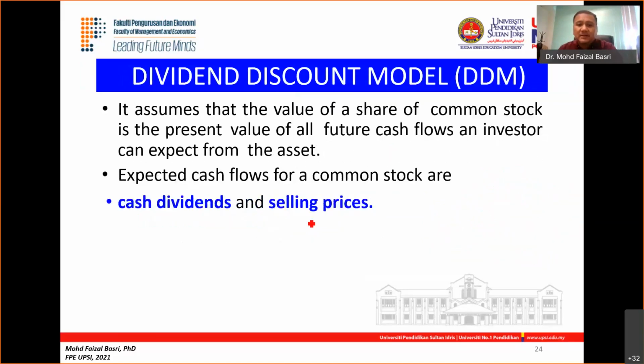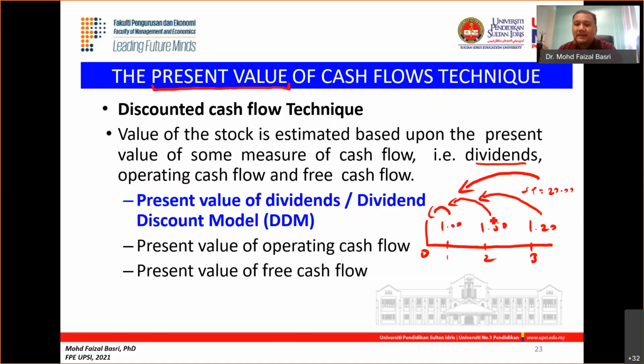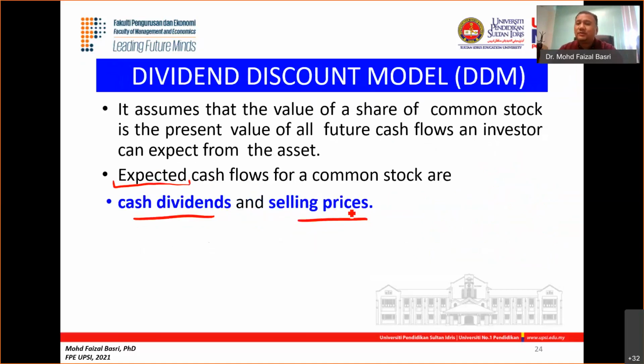Okay, we have the cash dividend. This is based on expected values, because this is all based on future assumptions, and we're going to assume also they will sell it in the future. So the cash dividend can be for 3 years, it can be 4 years, 1 year, even 2 years, whatever.